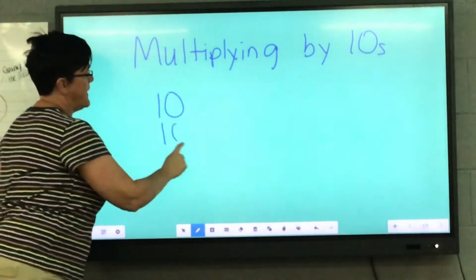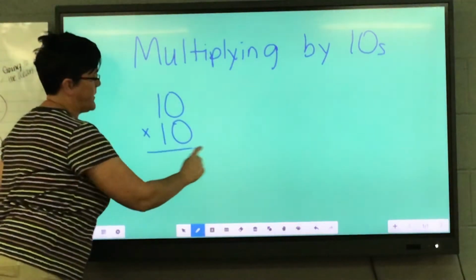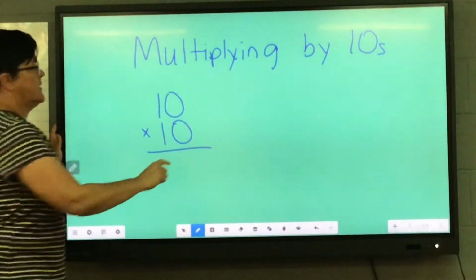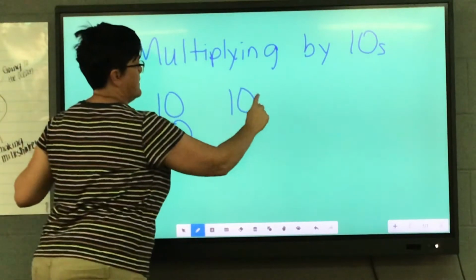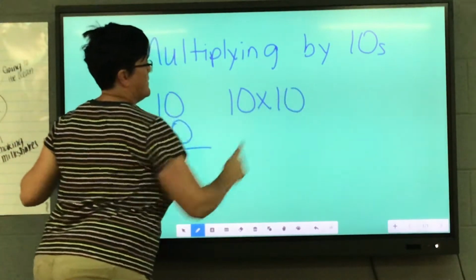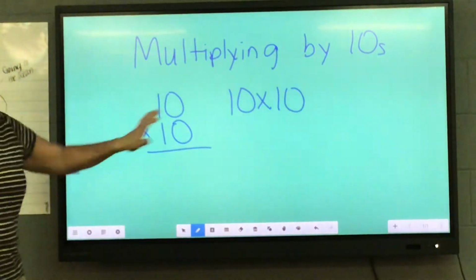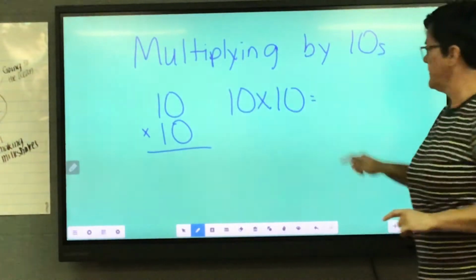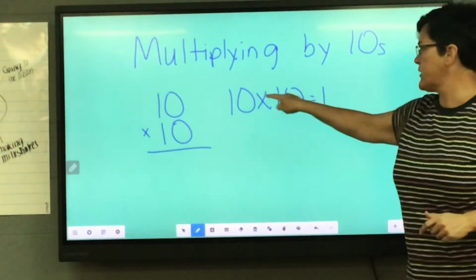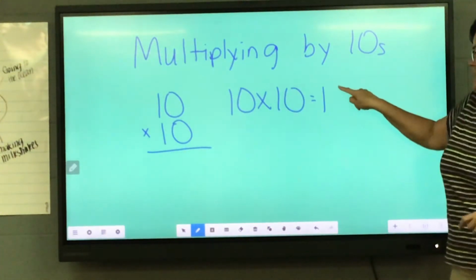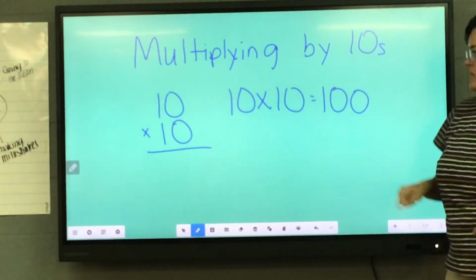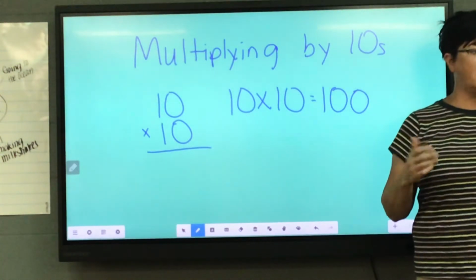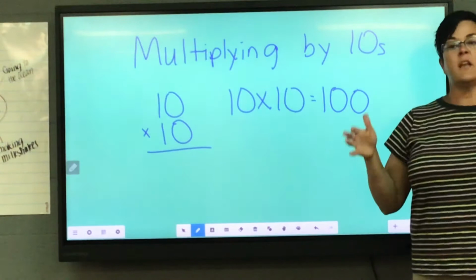What if, is there one on your paper like this? Yes. There are 11s and 12s like that too. Okay. Friends, what is 1 times 1? 1. How many zeros do you see here? 2. What does 10 times 10 equal? 100.